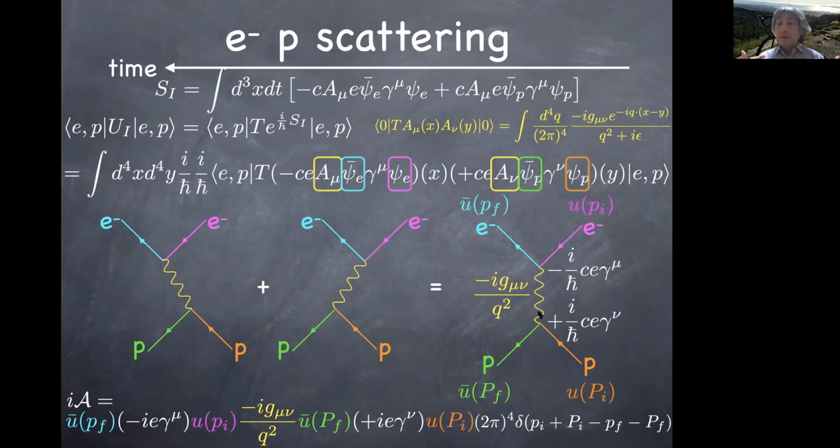That's a violation of energy conservation, because a true photon with a given spatial momentum has energy given by the spatial momentum times the speed of light. But this photon, if you work out the kinematics, carries no energy. So you're emitting a photon whose existence already violates energy conservation.